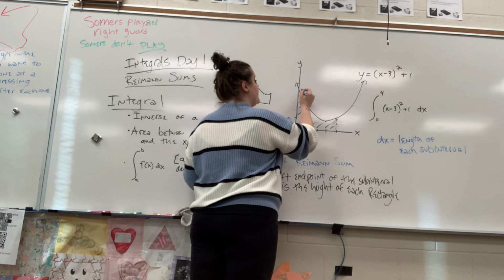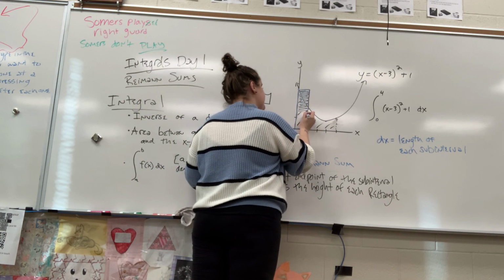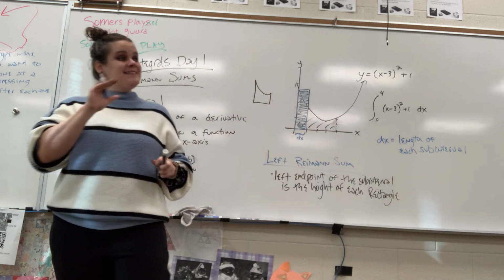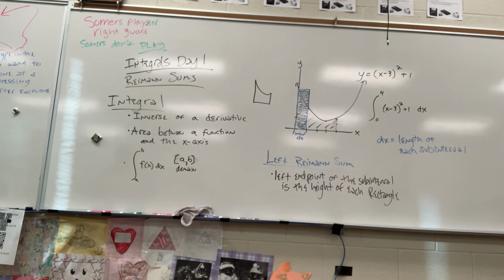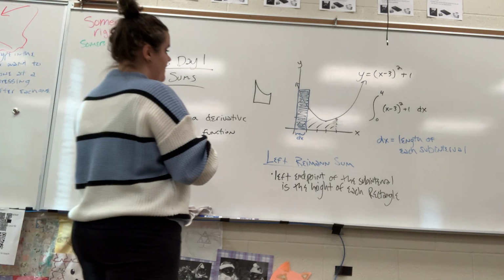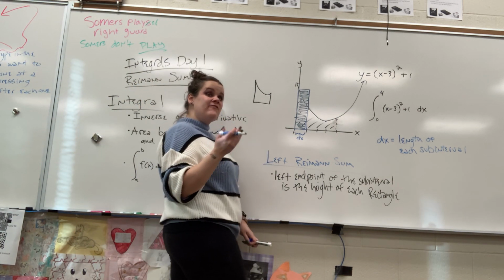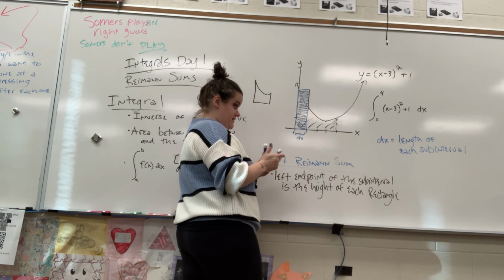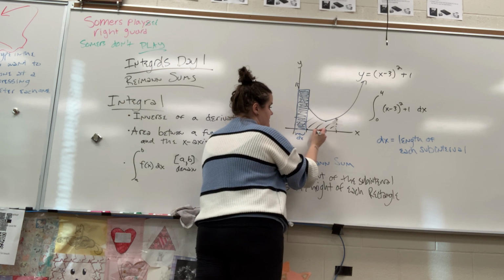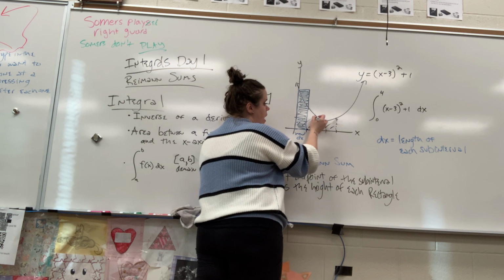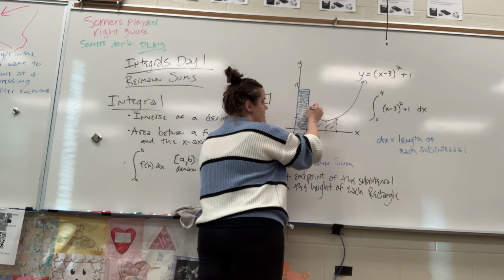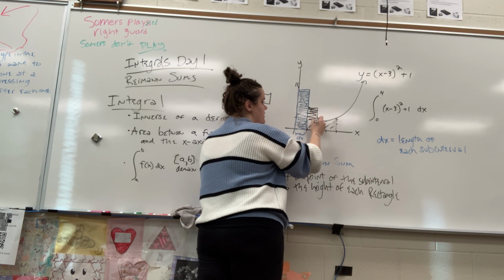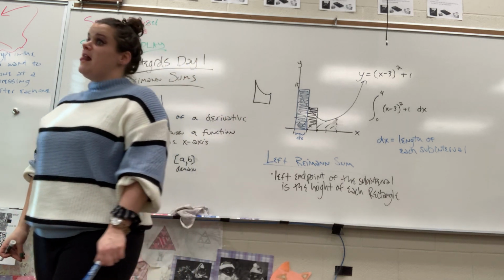So this rectangle is going to estimate that portion of the area. Does that make sense? So if I want to estimate that entire thing, I'm going to draw my left Riemann sum for each one. So now this subinterval, I have two options, but I'm using the left one.